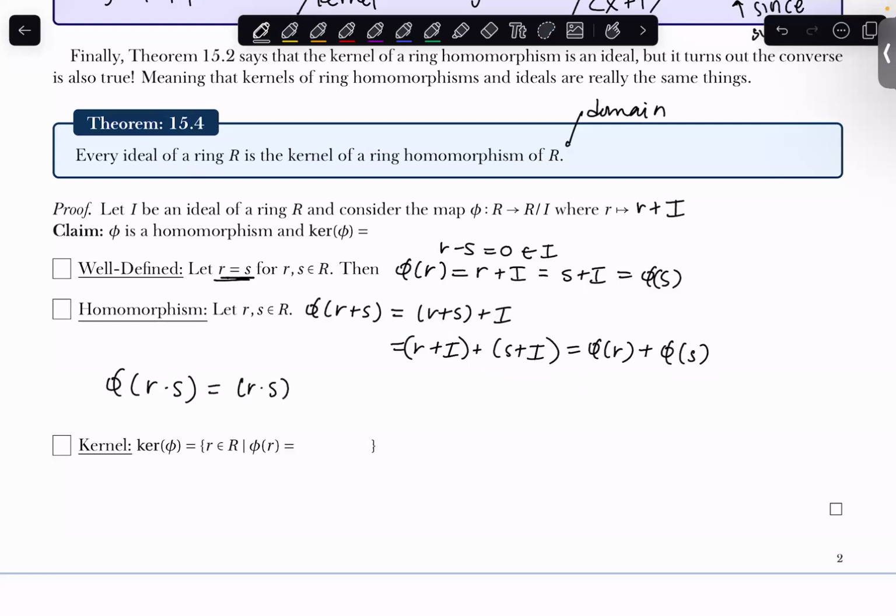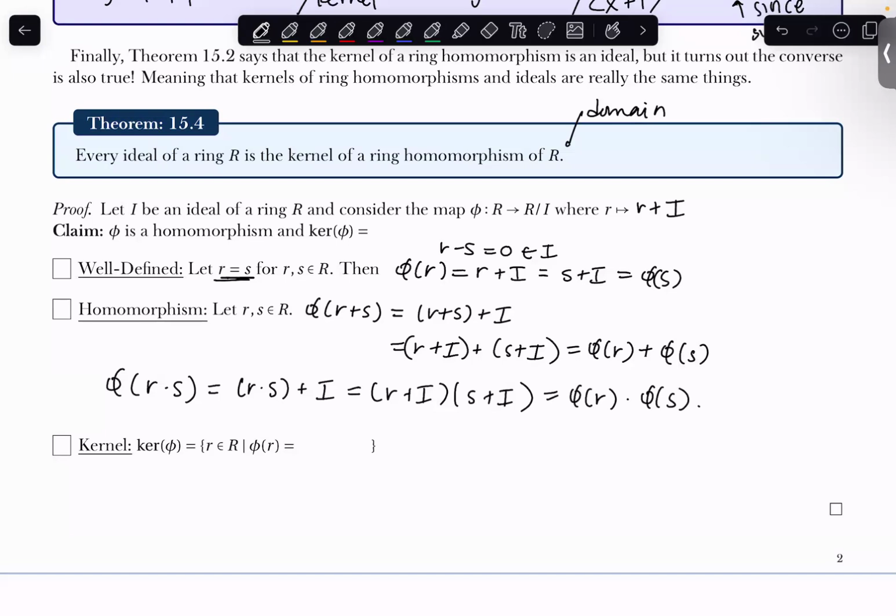So R times S plus I. But I know how to multiply my cosets. I just multiply my representatives, so I can split this apart. I get R plus I times S plus I, just by our definition of multiplication for cosets. And now I can see these two individually are phi of R times phi of S.